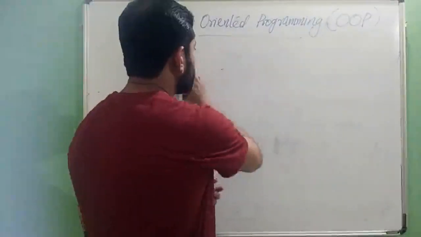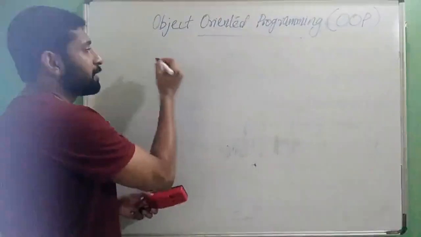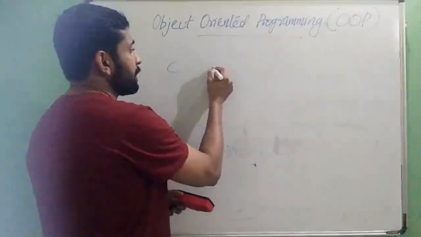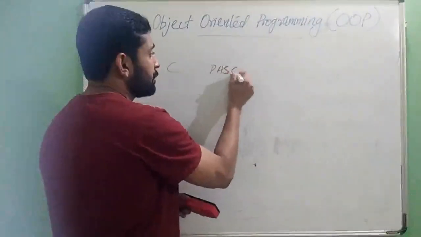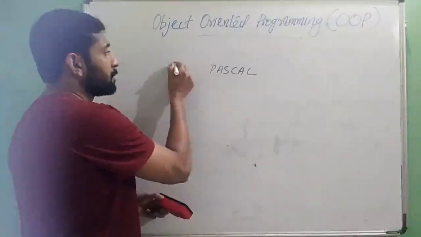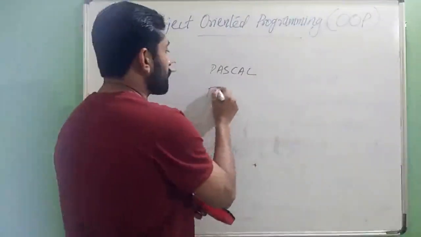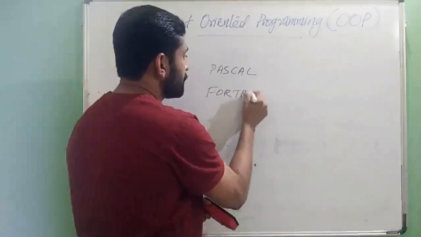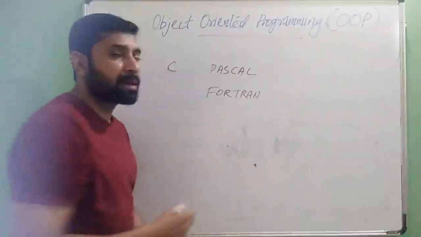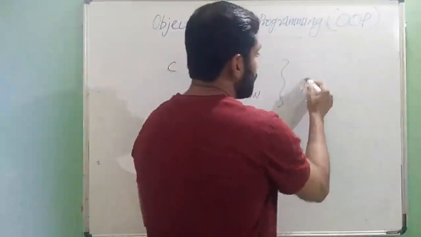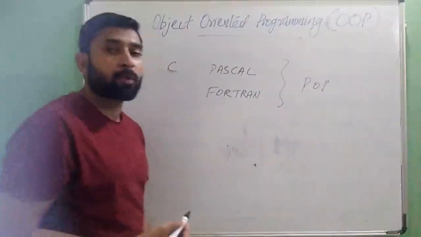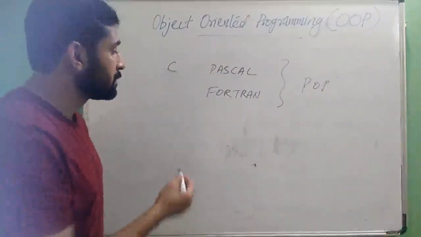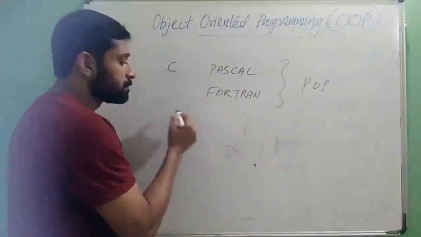Now we have the C language, Pascal, and Fortran. These languages are examples of procedural oriented programming languages, POP languages. We have C++.